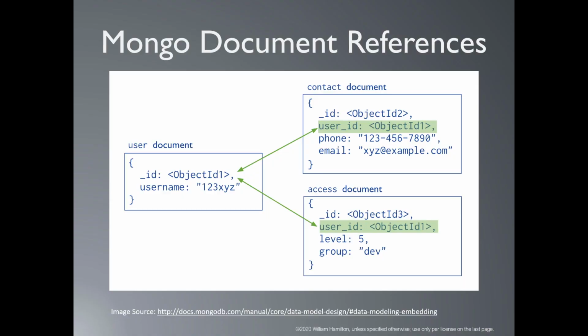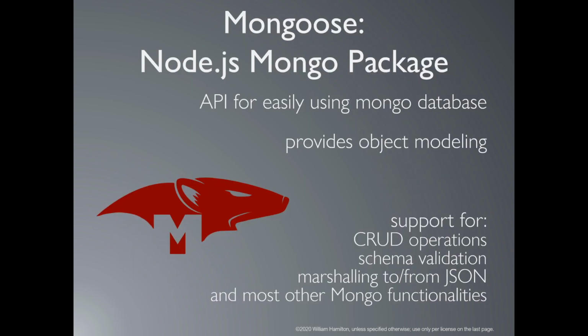All right, so great. We have a Mongo database with some data in it, collections. So how do we actually use that from Node? The most common way is to use this package called Mongoose. There is also a more raw Mongo package that's available for Node, which you can use.